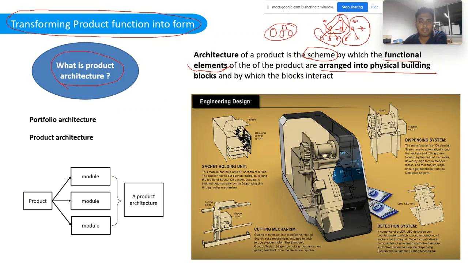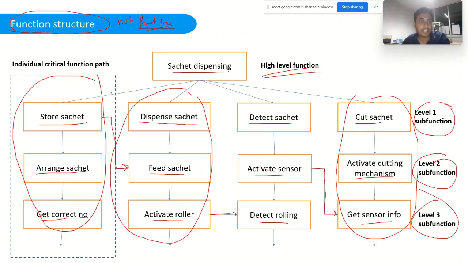So for example, here is the engineering design of that particular sachet dispenser. Basically we have four physical entities, so the architecture comprises four main functional blocks, functional elements. One is the sachet holding unit, which basically defines this entire critical path.